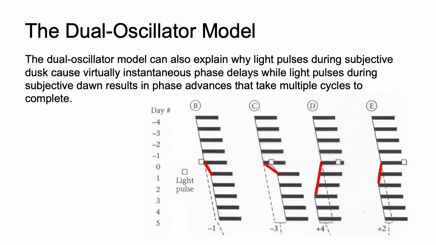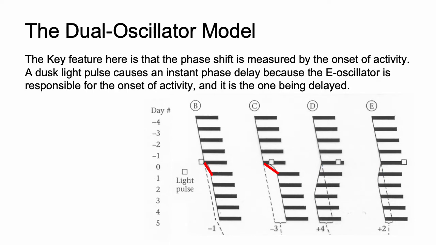Now, continuing the dual oscillator model, we can see that it also explains why light pulses during subjective dusk cause virtually instantaneous phase delays, while light pulses during subjective dawn result in phase advances that can take multiple cycles to complete. So the key thing to remember here is that the phase shift is measured by the onset of activity.